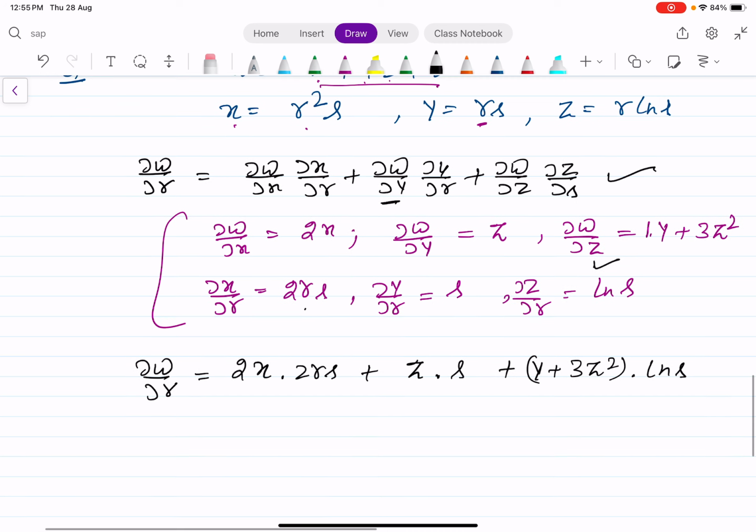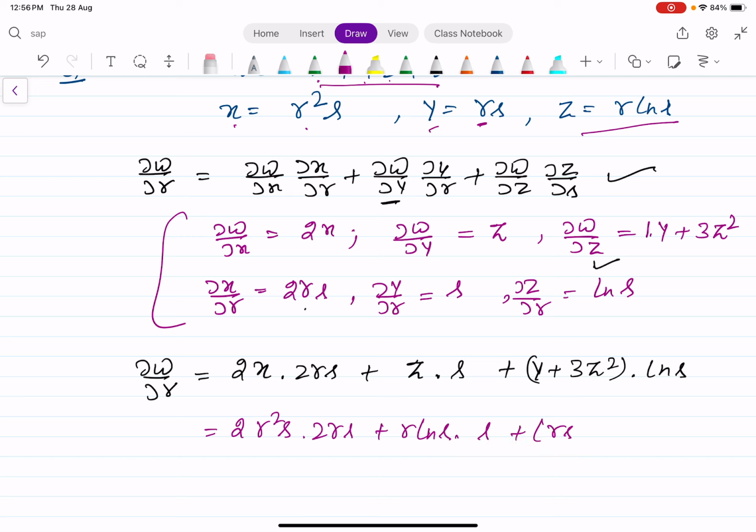Put the values of x, y, z into this expression: 2r²s times 2rs, plus r ln s times s, plus (rs + 3(r ln s)²) times ln s. Simplify it, and you will get the value of ∂W/∂R.